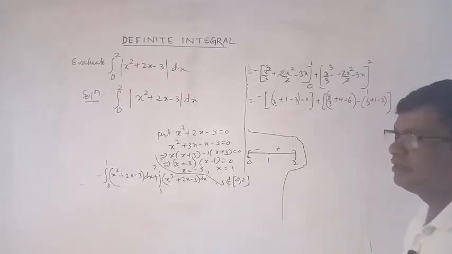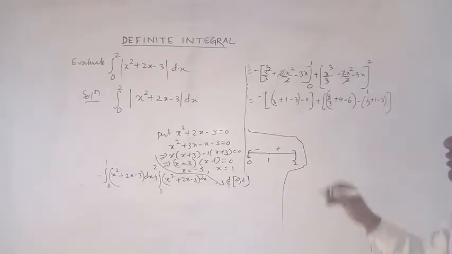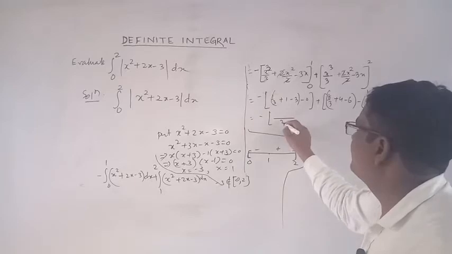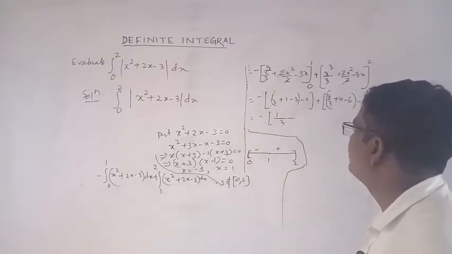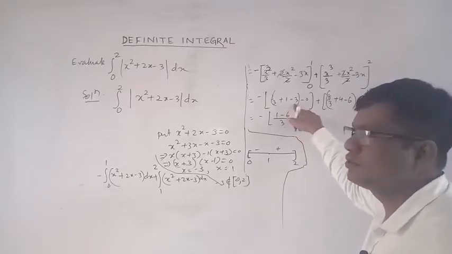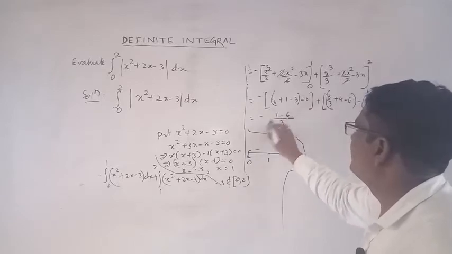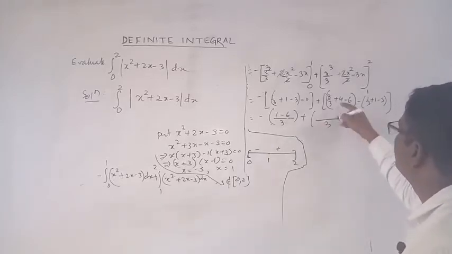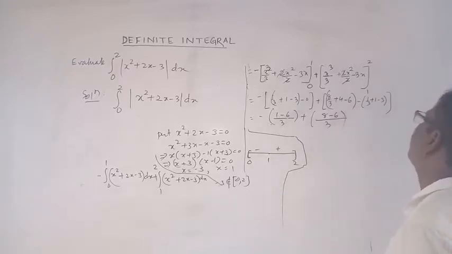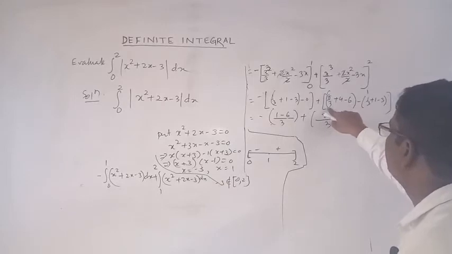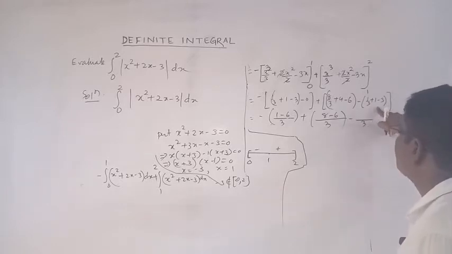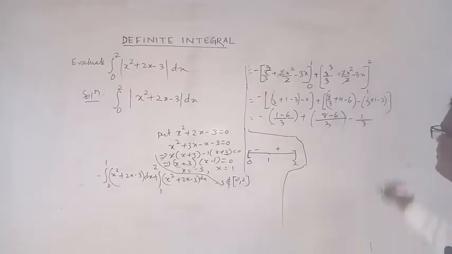Now simplify this. Taking LCM 3: 1 minus 6 because 1 minus 3 is minus 2, so minus 2 into 3 is minus 6, divided by 3; plus 8 minus 6 by 3, because 4 minus 6 is minus 2, so minus 2 into 3 is minus 6; and 1 by 3 plus minus 2 is 1 minus 6 by 3.